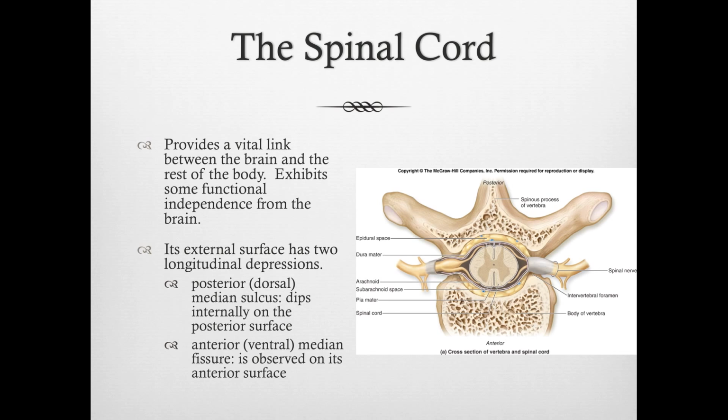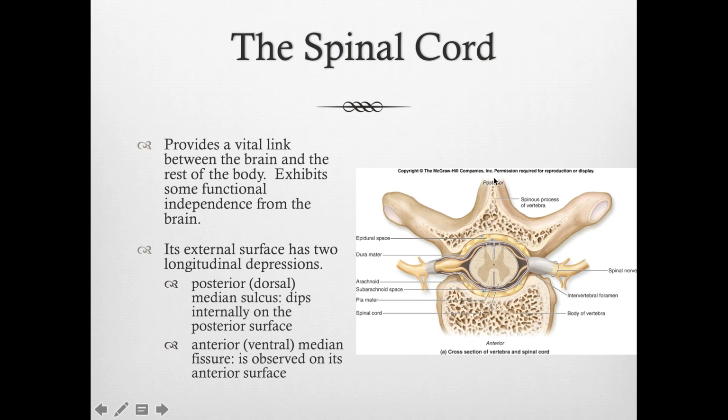Now, on the actual spinal cord, we see that its external surface has two longitudinal depressions, and I can point them out to you here. So here is one of those depressions, and then we see that other depression here. Now this is the posterior side of the spinal cord.